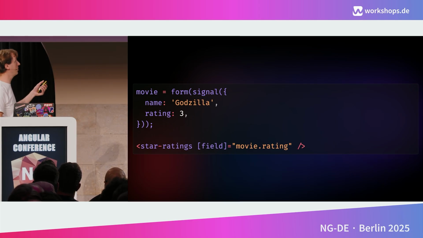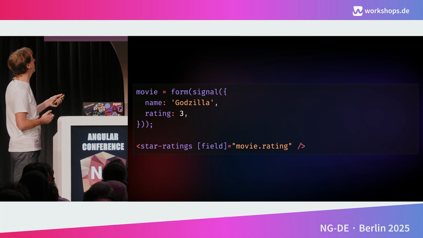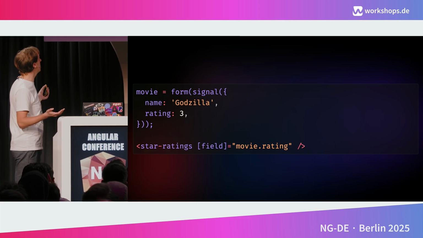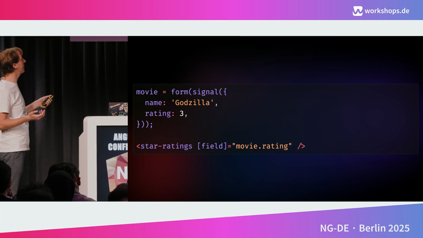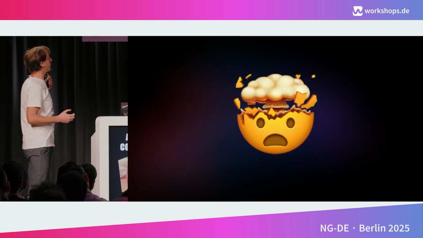You replace the value with the field directive, you're passing the rating, and no control value accessor. You see, it just works. Just pass the field directive that you added to your component. And it will just work. Isn't it mind-blowing? No more custom implementation, just data-driven.